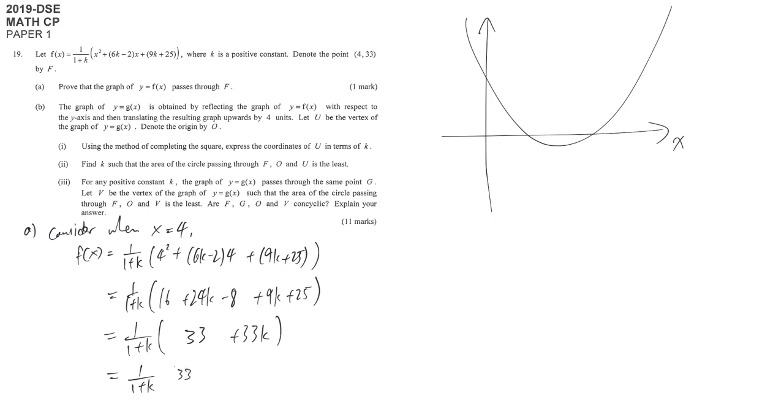Extract the common factor 33, and we find that this part can be cancelled out. The result is 33. So therefore, we know that y equal to f(x) passes through that point.